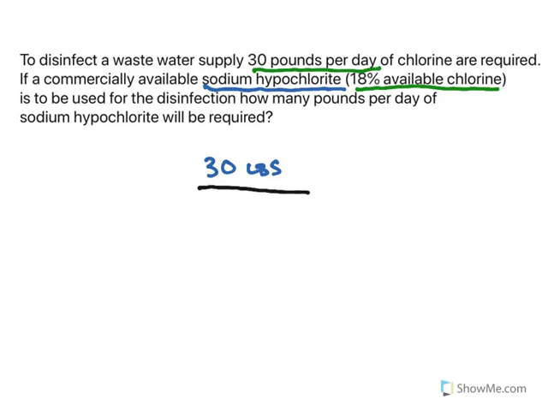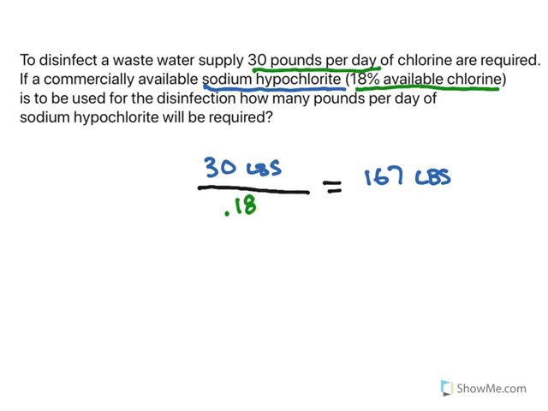So with 18% available chlorine, we are going to divide 30 pounds by 18%, or 0.18. And if we do that division, we wind up with 167 pounds of sodium hypochlorite.